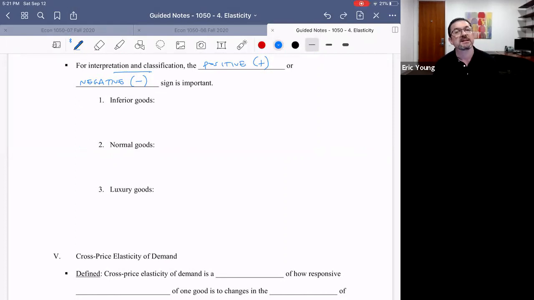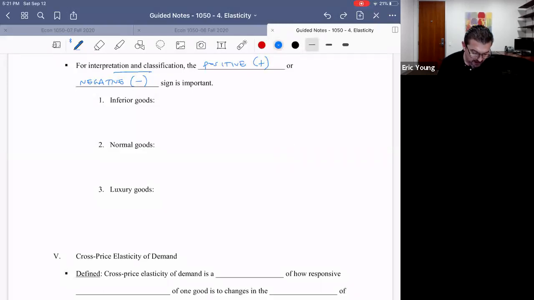We touched on that idea of inferior good versus normal good when we did our law of demand, and we saw how a change in income was going to shift the demand curve. This is actually the test that economists would use to determine if, in fact, a good is normal or inferior.